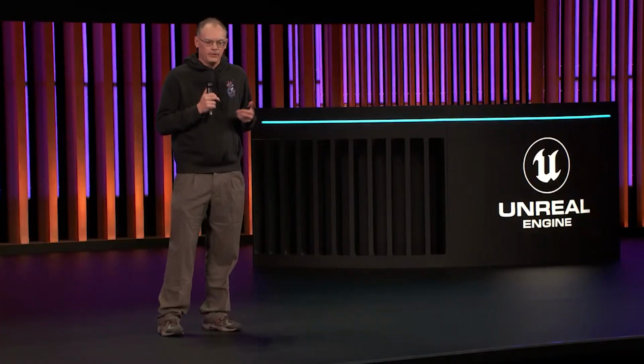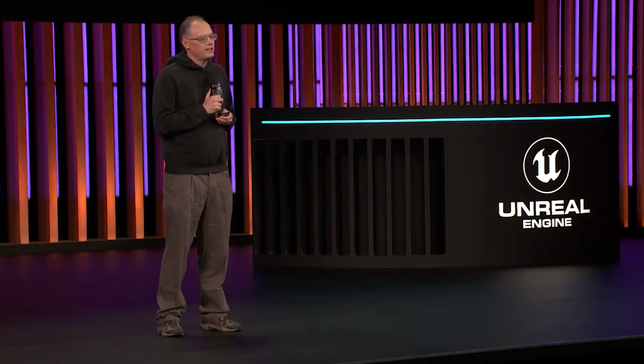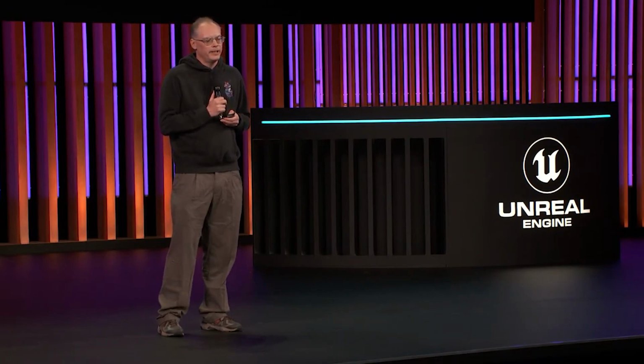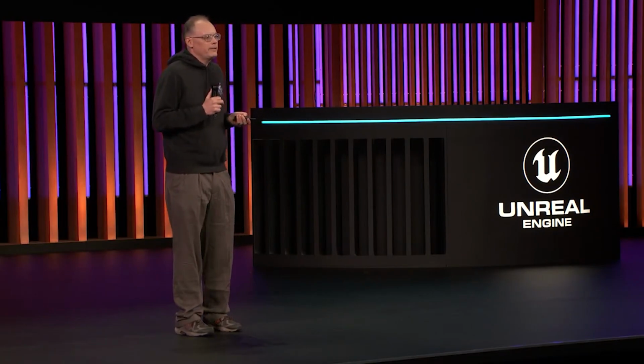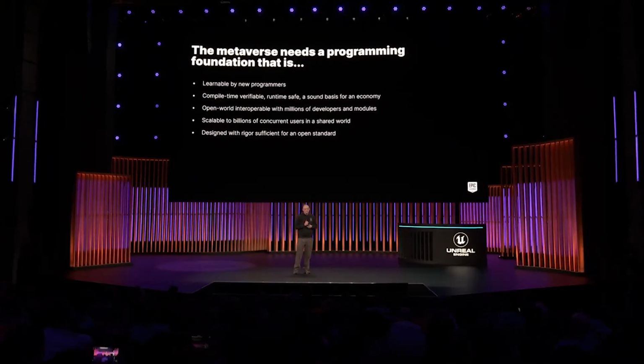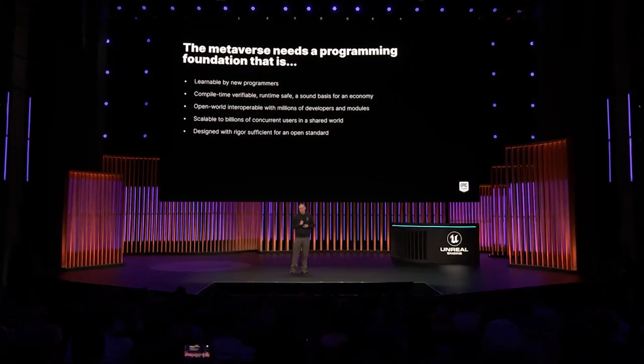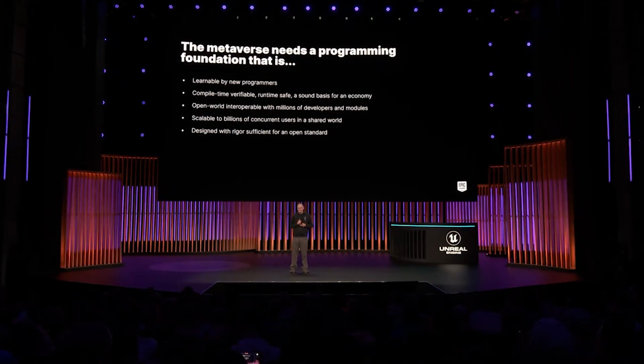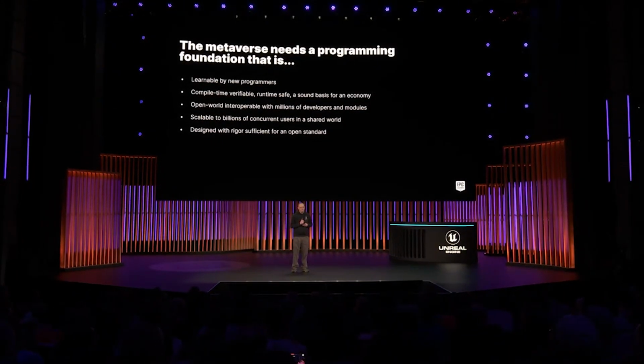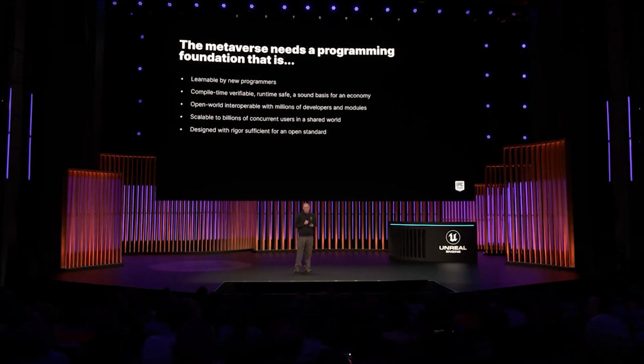Fortnite Battle Royale is 100 players together in a single shard. But in the future, we might be able to get 1 billion users together in a single shard, and we want a programming model that can support that. We also want a language, and we've been putting a lot of effort into building a specification with enough rigor that it could be a future open standard that's agreed on and widely implemented by companies all around the industry, just like JavaScript is in a web browser today.